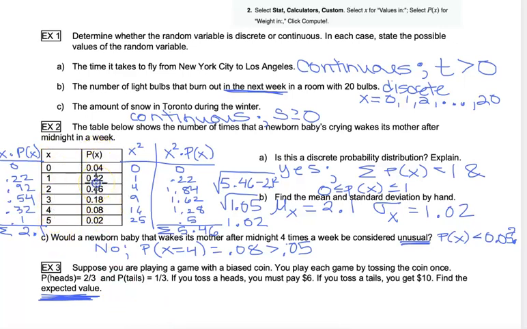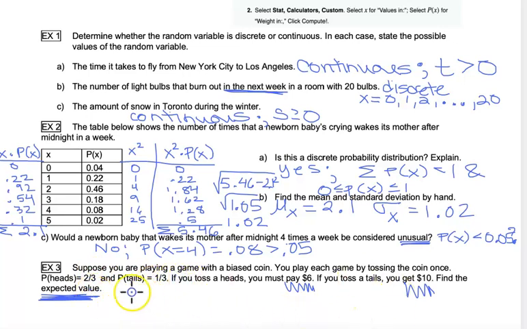So in this case, when we are looking at the values, the value is the money. The value isn't heads and tails. Remember, the values have to be numerical to be a random variable. So the values of X are pay $6 and get $10. The probabilities are the 2/3 and the 1/3.